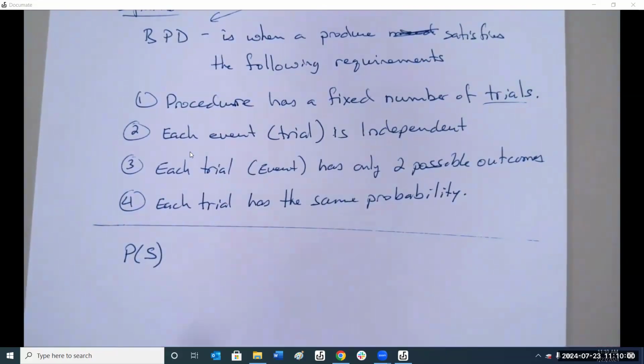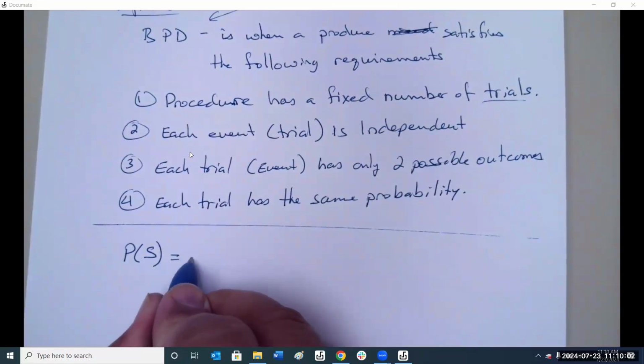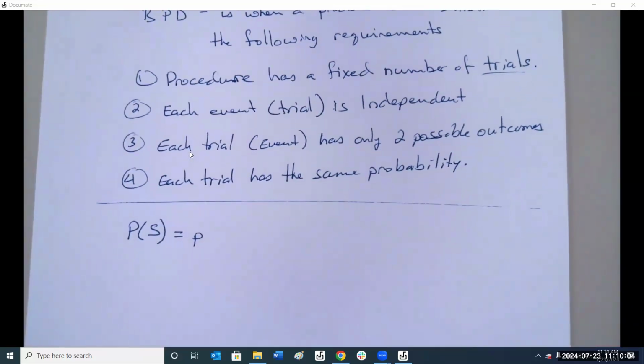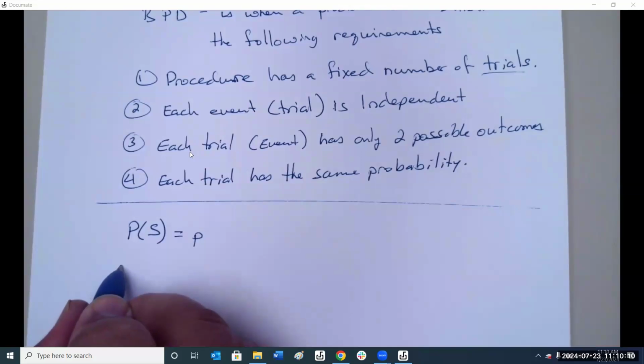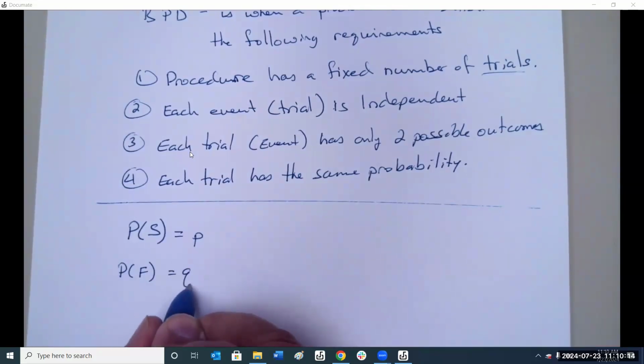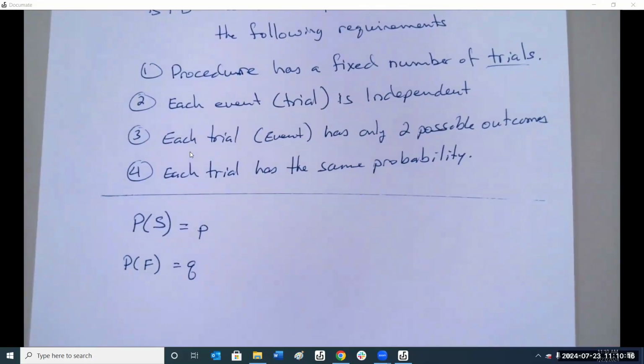The probability of success, we'll call little p. And the probability of failure is q. That's the probability of failure or not succeeding.